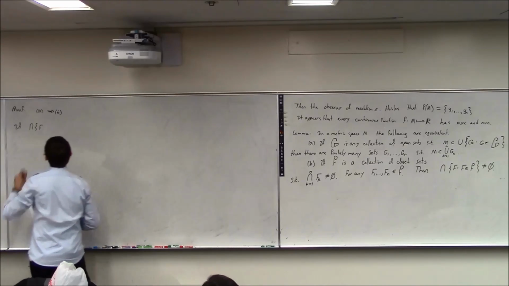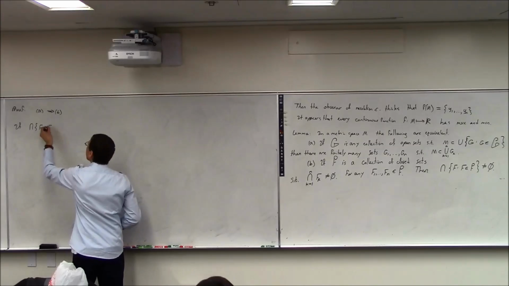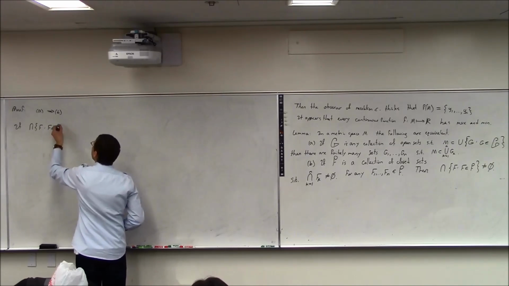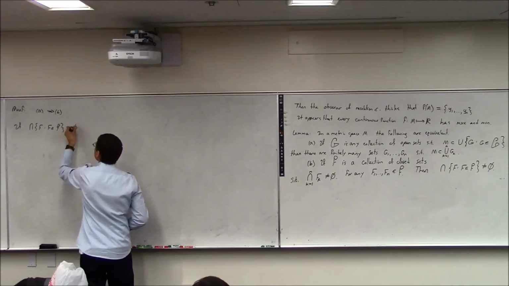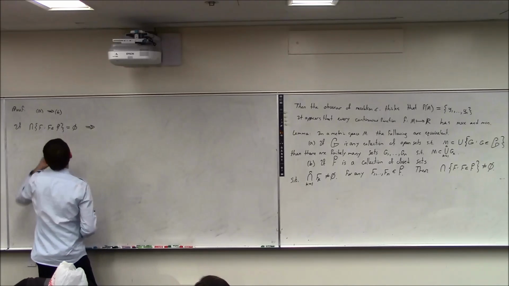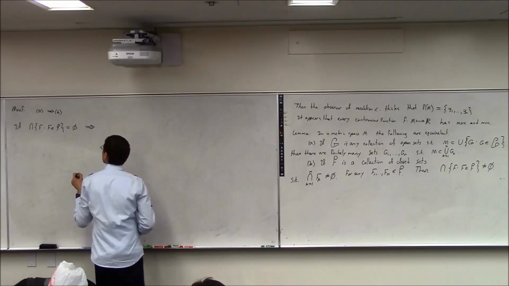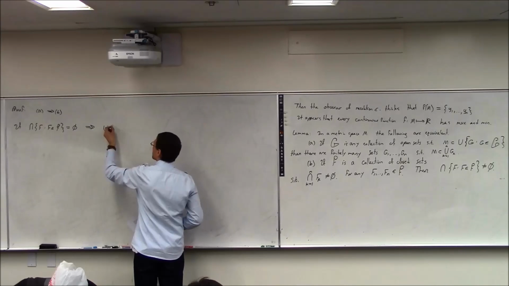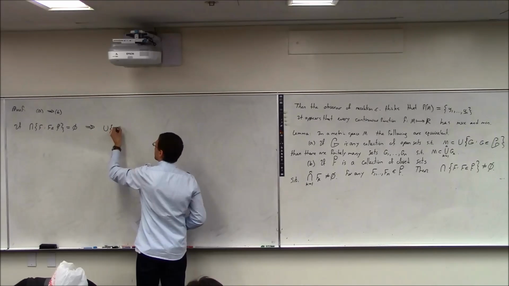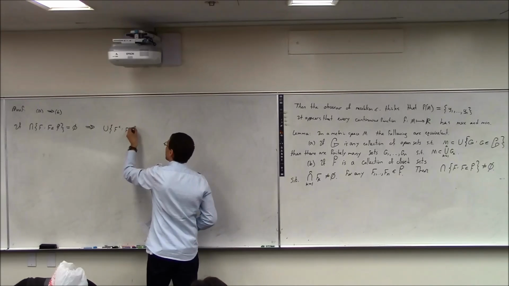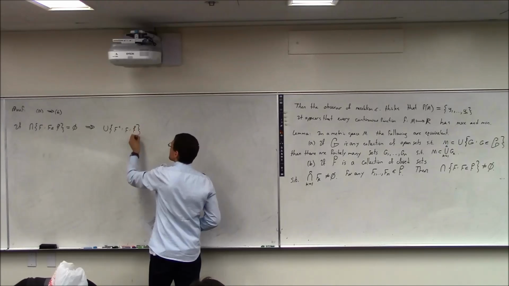Then, by contradiction, if the intersection of the sets F is empty, that implies that the complement, which is the union of F complement, where F is, what does it imply?